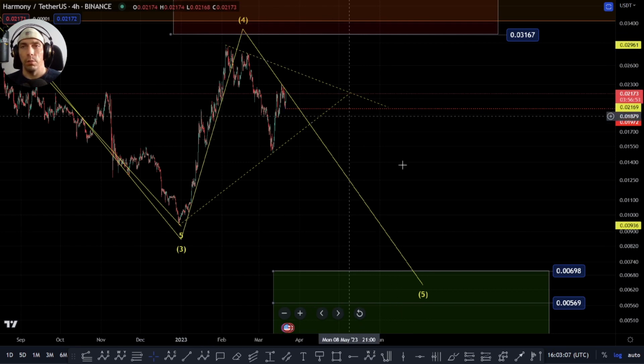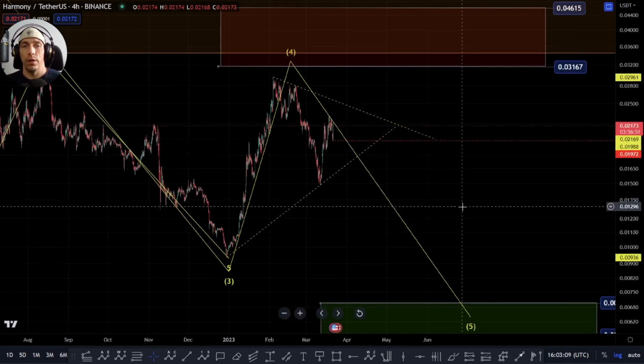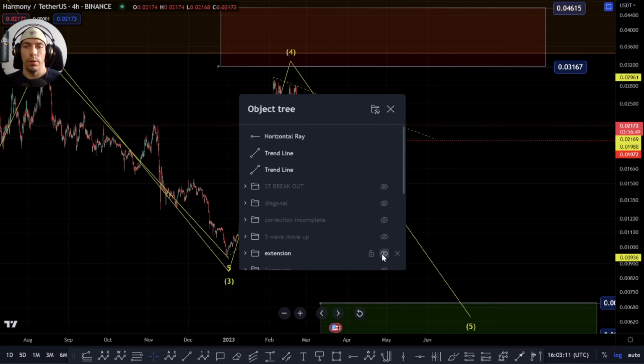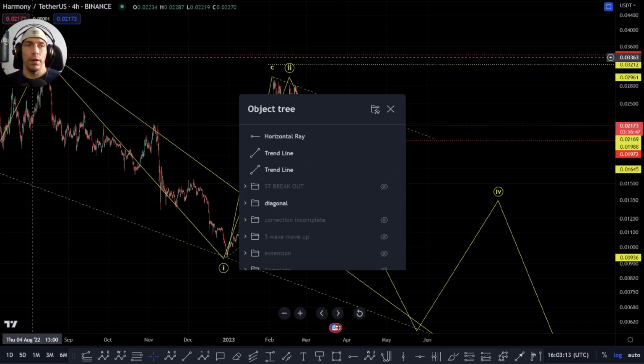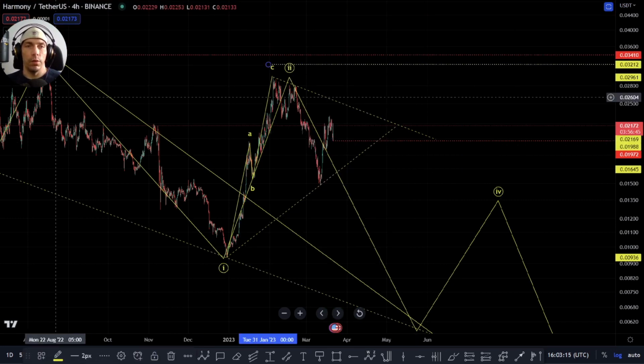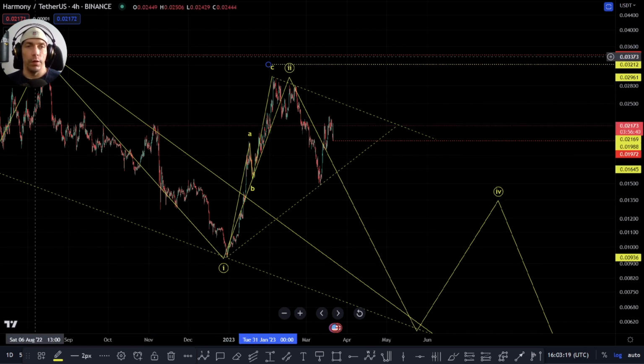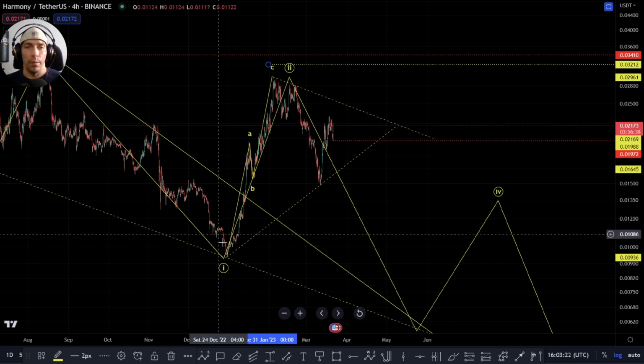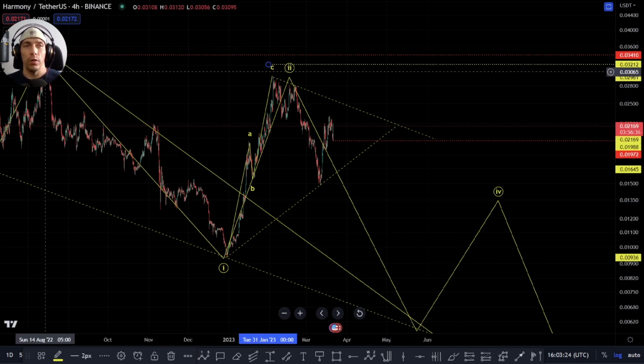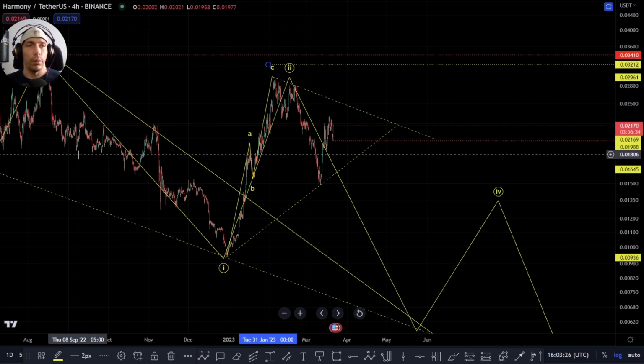We're going to have to monitor this move to see how exactly it breaks down, because we were also talking about in the previous video, until we actually take this high here, we can also argue that within this, there's a diagonal within this move in itself, which is possible to count, but it's not the neatest way of doing it.